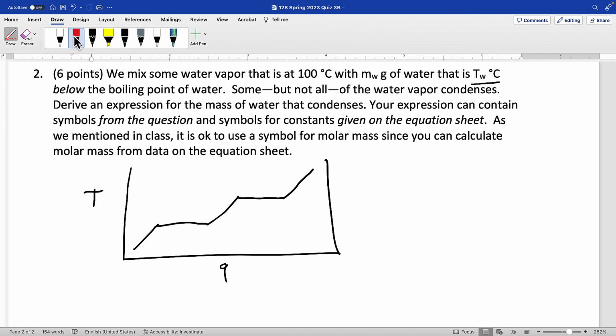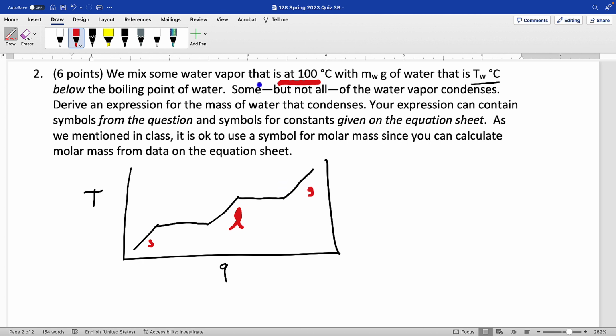Okay, so we have some water vapor that's already at 100 degrees C. So we'll go ahead and label this as gas, liquid, and solid, those slanted parts. So if we have water vapor, it can't be in the middle of this line, because that would mean that we have a mixture of liquid and gas.